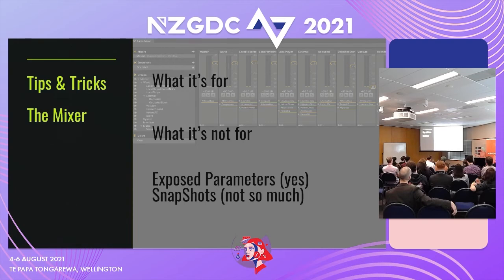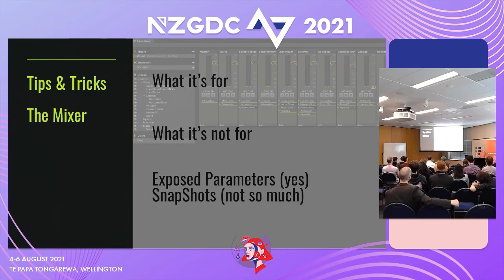Use exposed parameters. They're really helpful. I think you just right-click on it and say expose, and you have to give it a custom name in the exposed parameters drop-down, and then you can set them from code. So we do lots of cool stuff in Stationeers, changing various things on the mixer by changing those parameters.